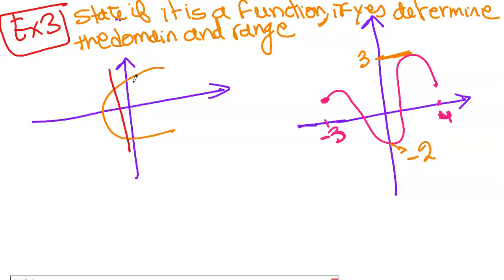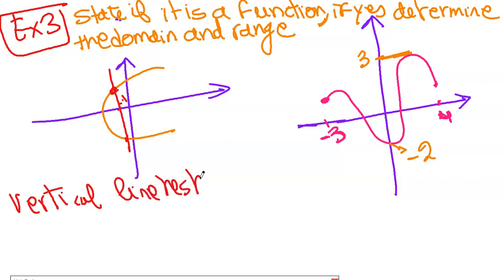Look, this vertical line cuts the graph in 2 points. It means, for example, that x equal to -1 has two images, let's say 2 and -2. So it's not a function.